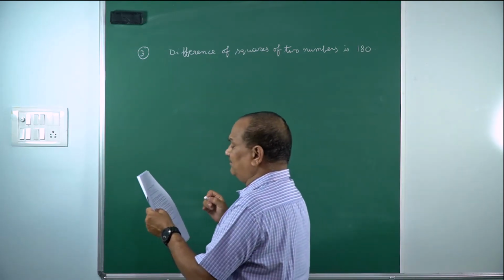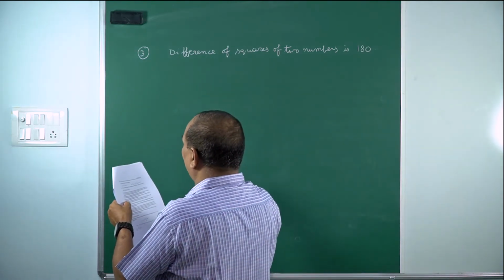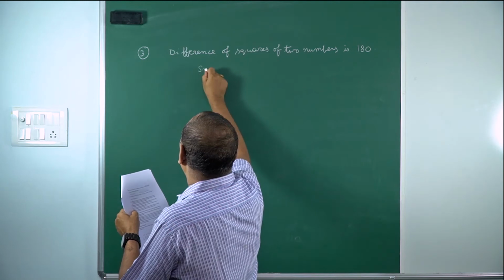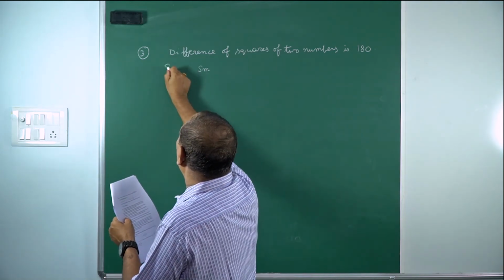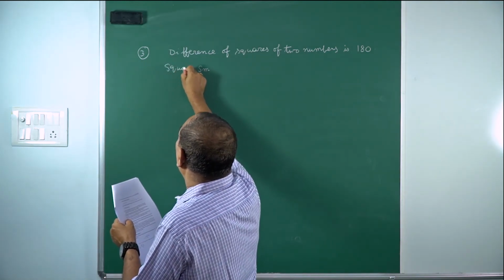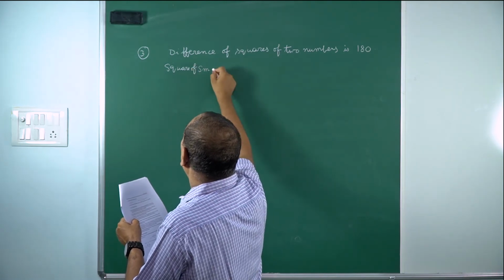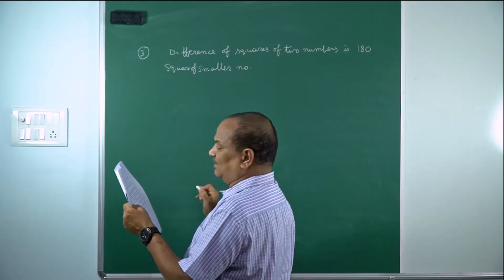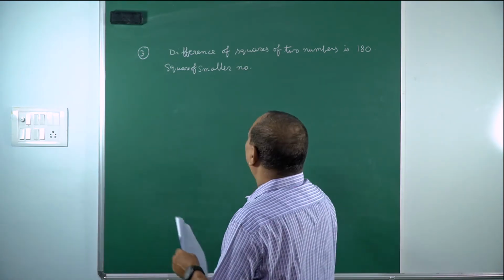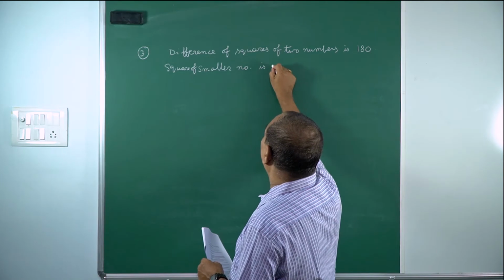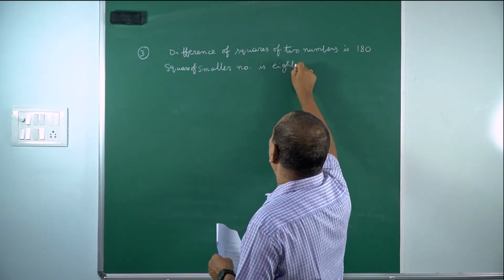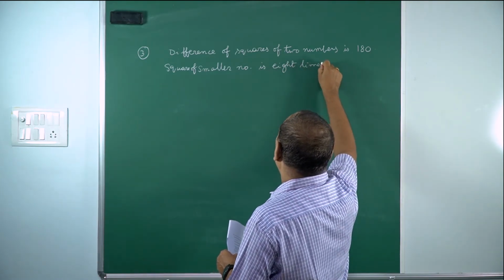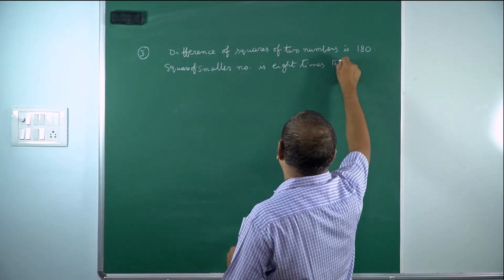And the second one is important because we should start there. The square of the smaller number is 8 times the larger number.